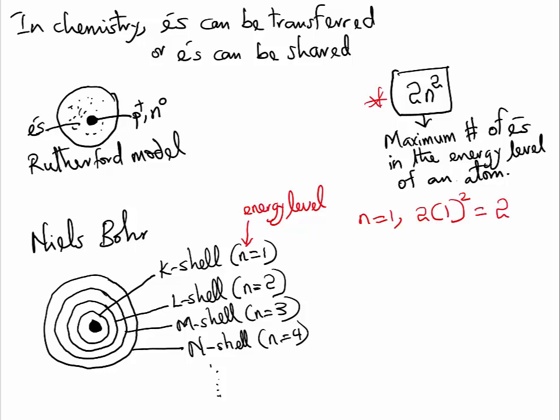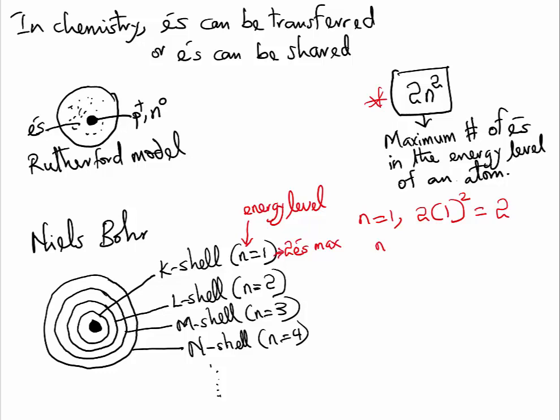What that tells you is that the K shell of an atom can only hold a maximum of 2 electrons. You can never find more than 2 electrons in the K shell.